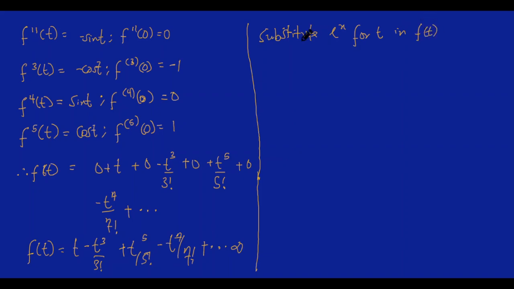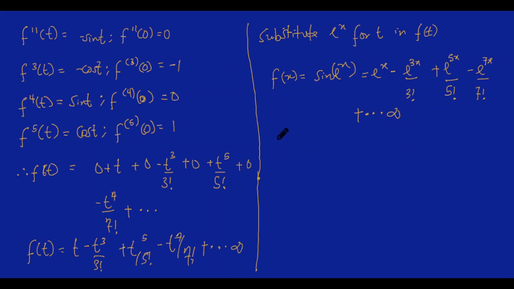So this means that f of x is sine e raised to the power of x, and this now becomes e raised to the power of x minus e raised to the power of 3x divided by 3 factorial plus e raised to the power of 5x divided by 5 factorial minus e raised to the power of 7x divided by 7 factorial, and this goes on till infinity.